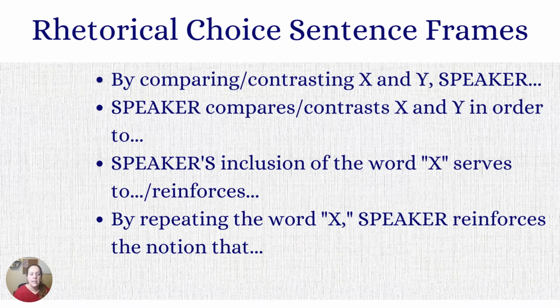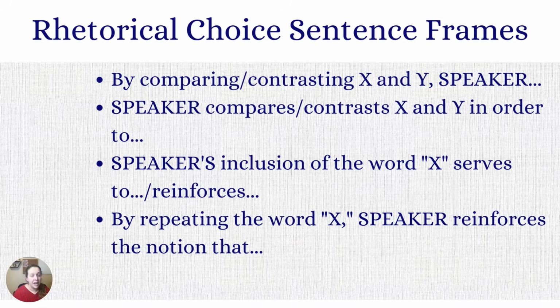And so if we say something like, speaker's inclusion of the word blank serves to blank or reinforces blank, it could be pulling a word from something that you've quoted previously. It could be looking at a specific word in the passage if you're wanting to analyze their diction. But we want to think about why they're using certain words in their speech. What effect is that going to have on their audience? How is that reinforcing their message? So those little details can really help.